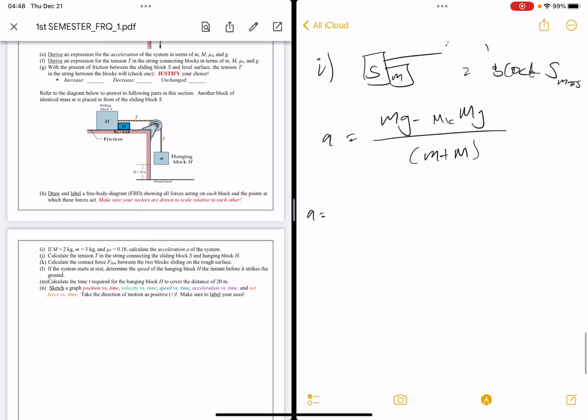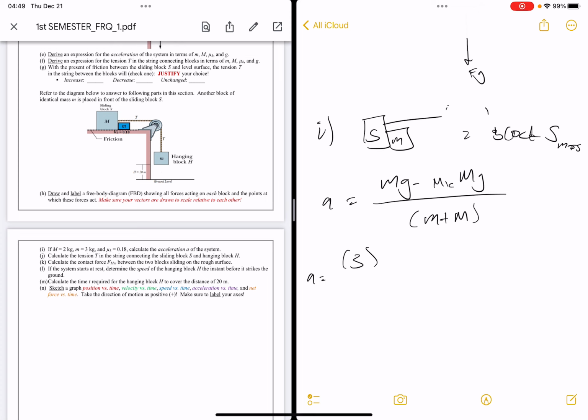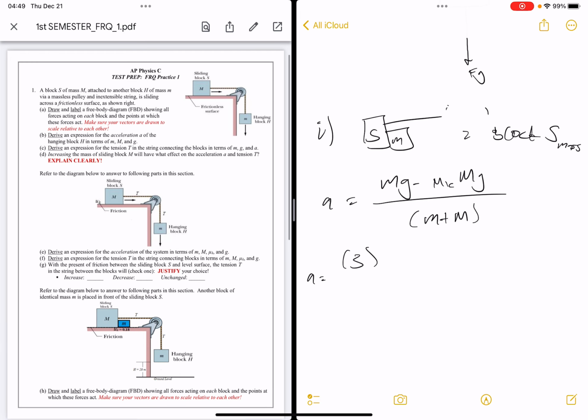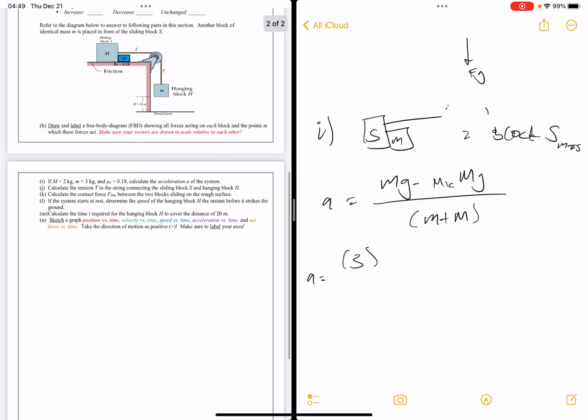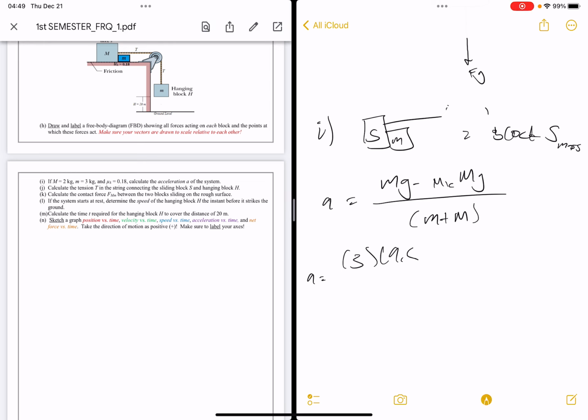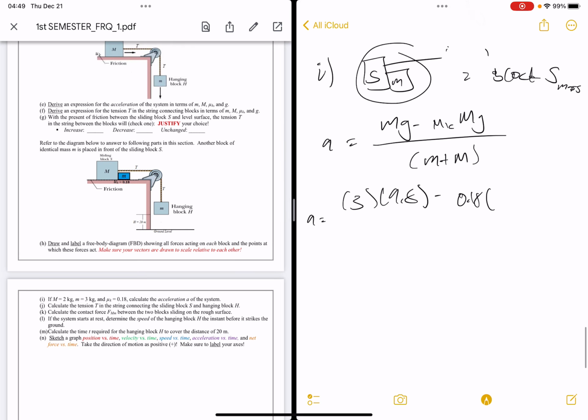A equals, so then big M is 3. Oh, that's small m. Yeah, that's small m, 9.8, minus the mu k, 0.18. And then for our big M, we said that block S would be the combination of both of these blocks for the mass.